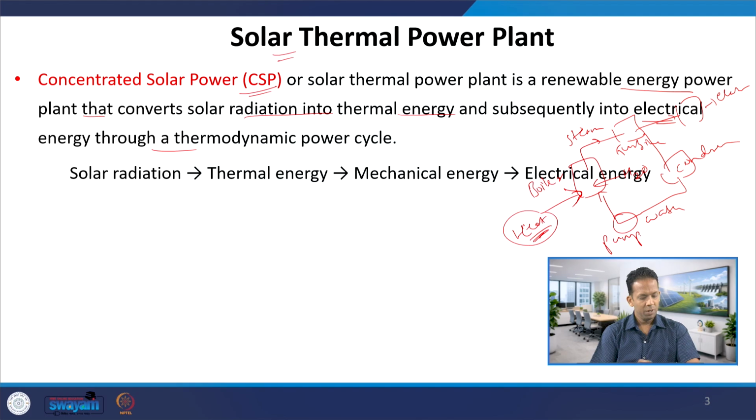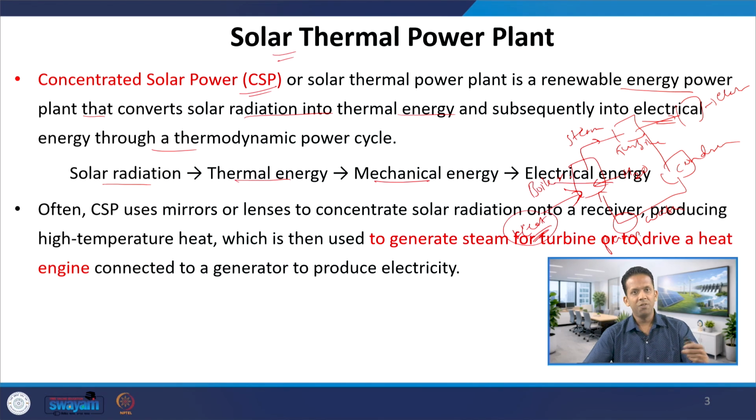So basically solar radiation goes to thermal energy, this is transferred to mechanical energy in the turbine, and then the generator generates electricity. Because we need high temperature steam to generate power, concentrated solar power should make use of concentrating type of collectors, mainly mirrors or lenses or a heliostat field, which is able to concentrate solar radiation onto a receiver, which will produce very high temperature heat, more than say 500 degrees Celsius.